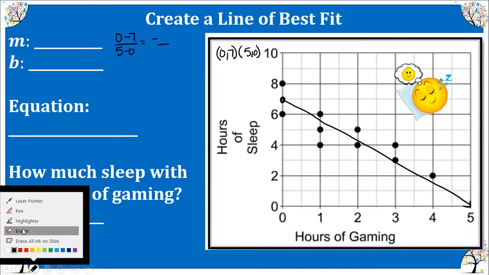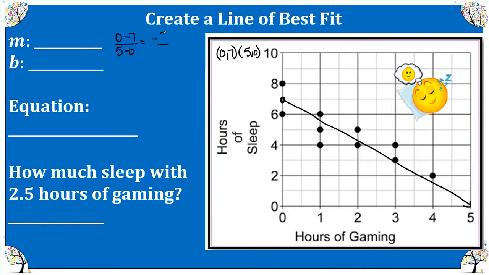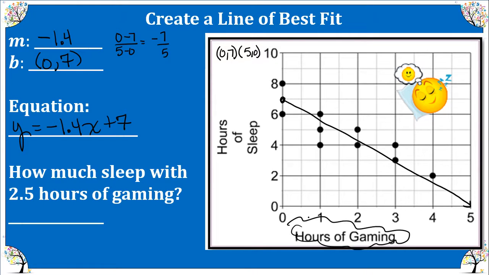Over 5. So our slope is negative, and I'm going to go ahead and say 7 divided by 5, and go ahead and get a decimal. My y-intercept is (0, 7), and the equation is y equals negative 1.4x plus 7. It asks how much sleep with 2.5 hours of gaming, and gaming is the x variable.